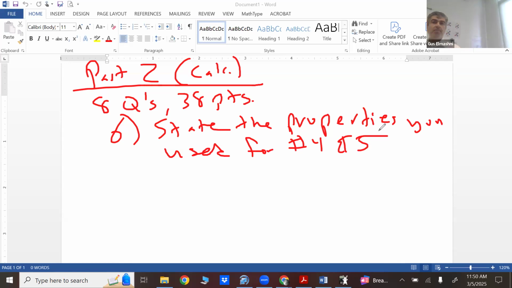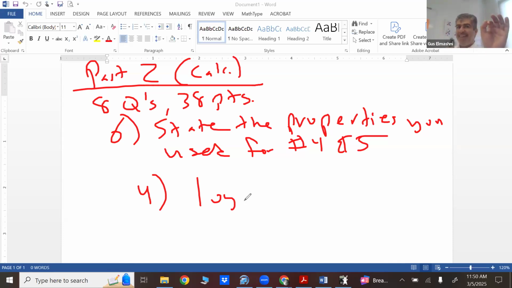This whole unit's about properties. What do you mean about properties? Power properties. Okay, well, what properties for number 4, guys? When not power, I multiplied.